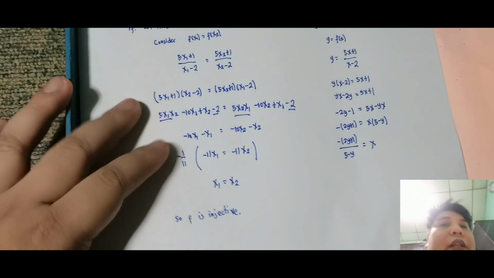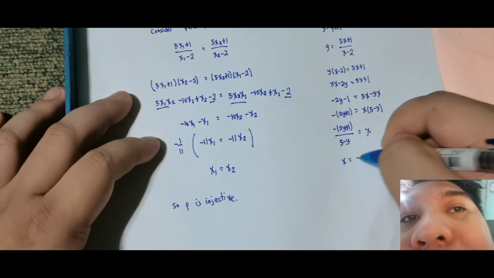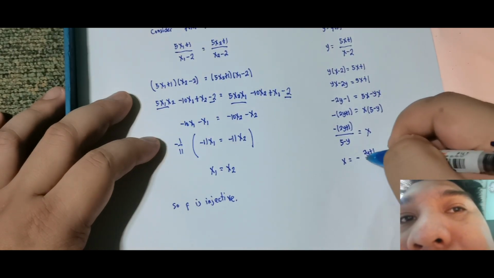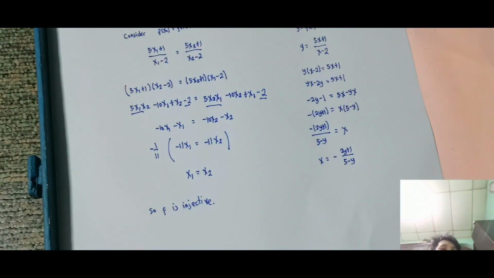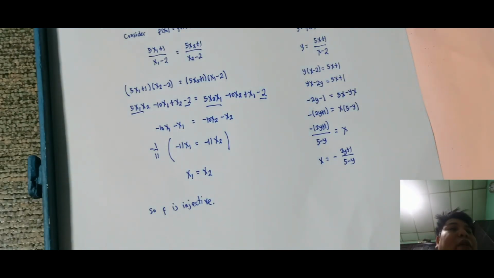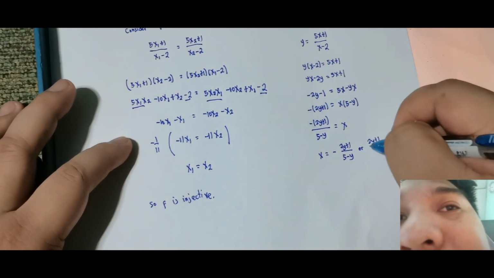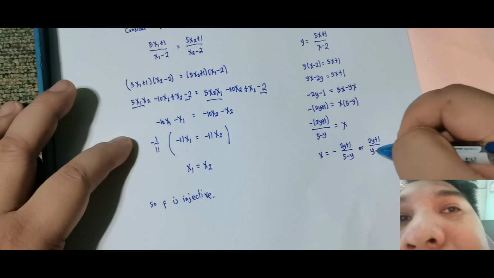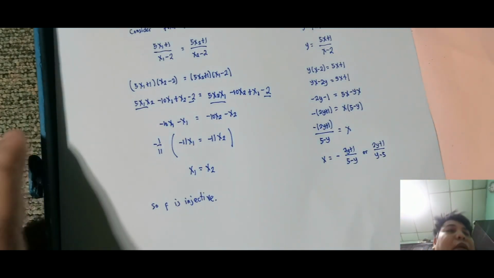Okay, so ayun yung value ng x. Si x daw ay equal kay negative of (2y plus 1) over (5 minus y), or pwede kong sabihin ganito, (2y plus 1) over, pasok ko yung negative sa baba, maging (y minus 5). Okay, ngayon, saan galing si y?